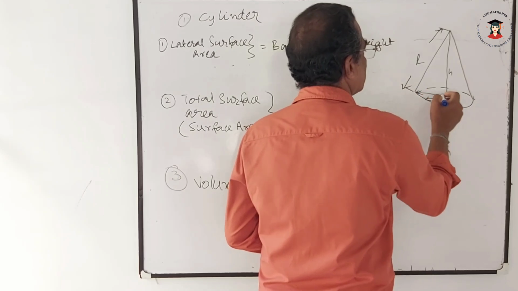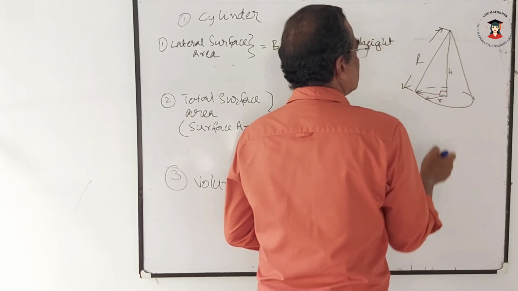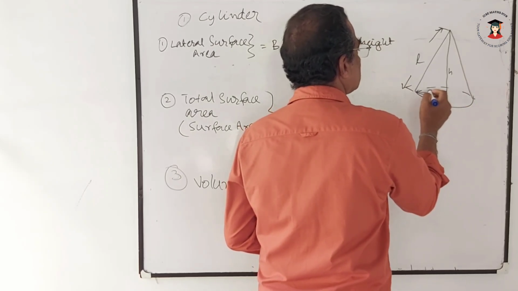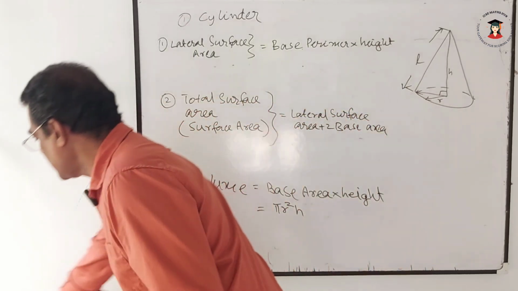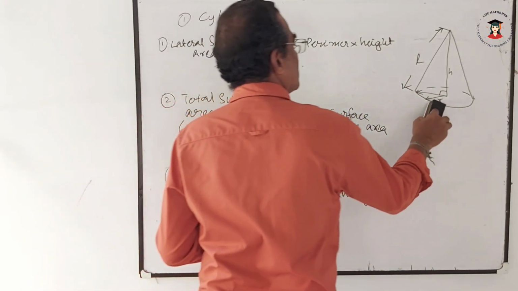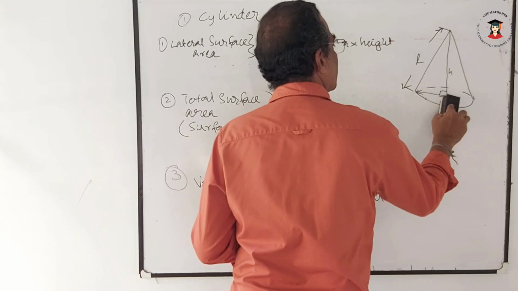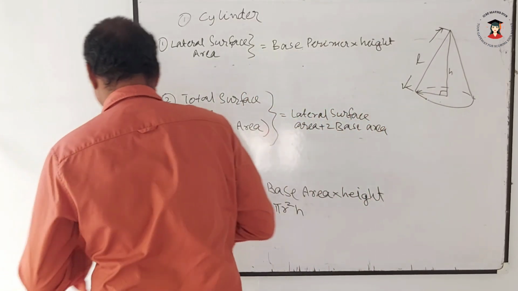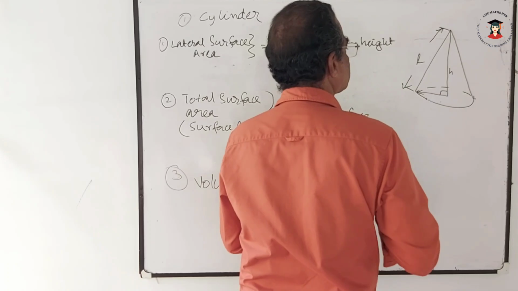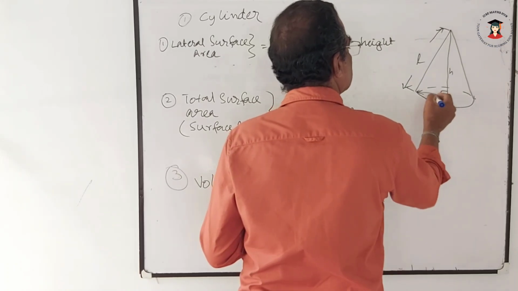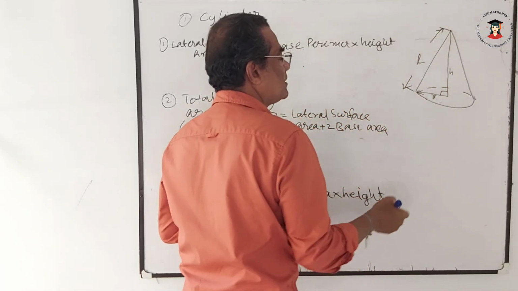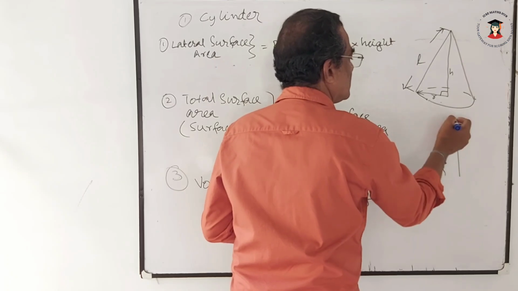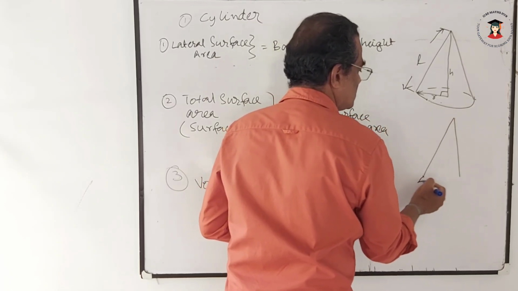See, the r, h and L are connected in such a way that they constitute a right triangle, where the slant height L is the hypotenuse.